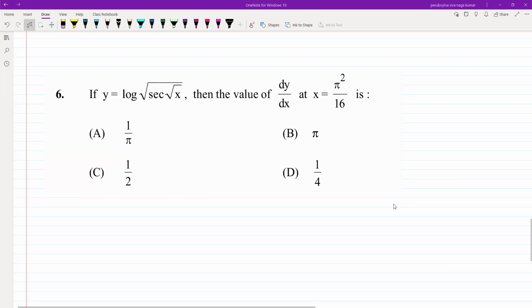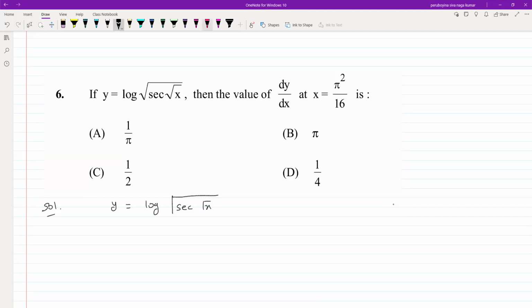Sixth problem. y equal to log root of secant root x. Then find the value of dy by dx at x is equal to pi square by 16.